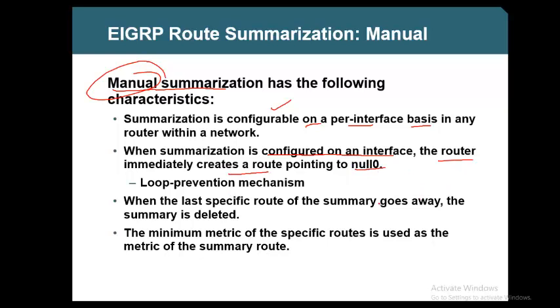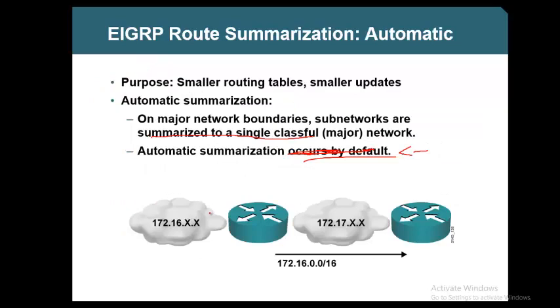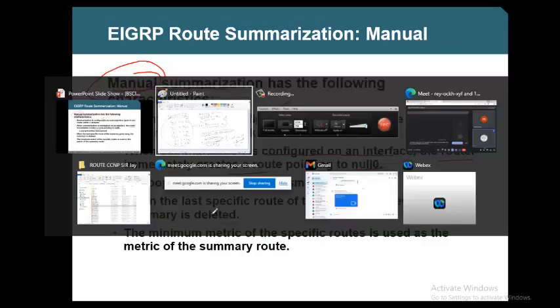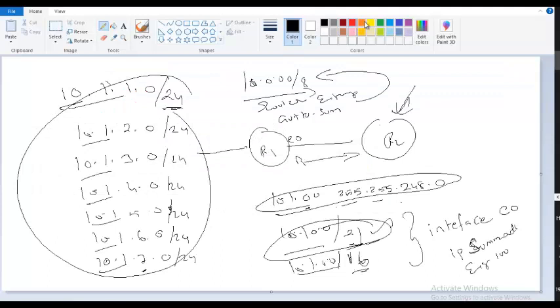See, if you don't have a route in a routing table, it cannot be advertised. If you wish to advertise this prefix length, it needs to be there in the routing table. Only then you can advertise it.